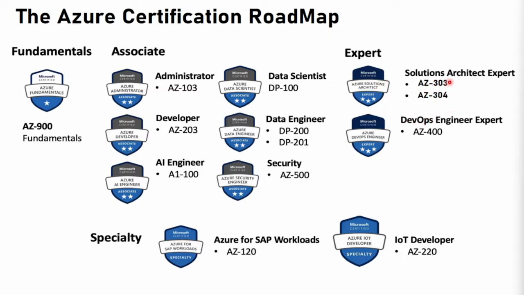So if you're going to take, say, for example, the solution architect expert, you'd have to take one of these prerequisites, and as you can see, it's a 2-tier exam process. You have to pass 303, then 304. For a DevOps engineer expert, you just need to take the AZ-400 and you're on your way. Now, there are 2 specialty courses, as you can see, AZ-120 and AZ-220. All right, so let's get started and move forward.